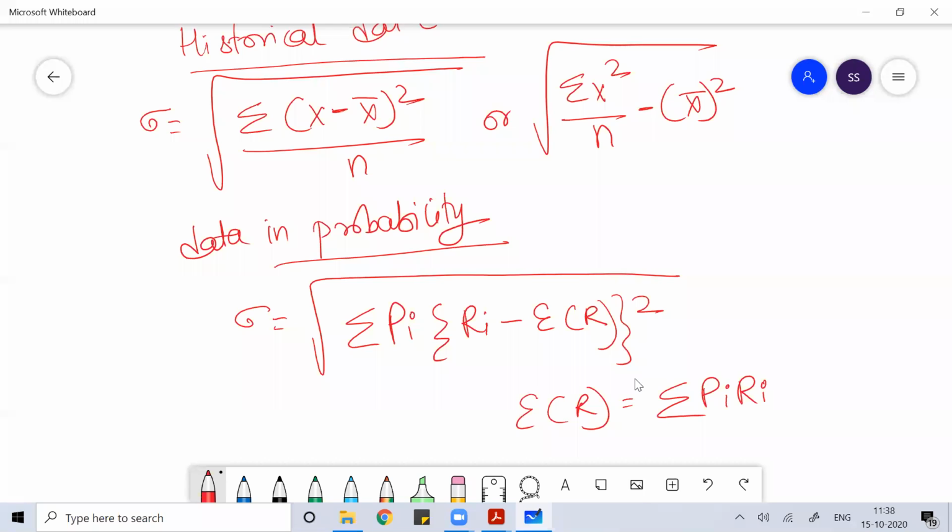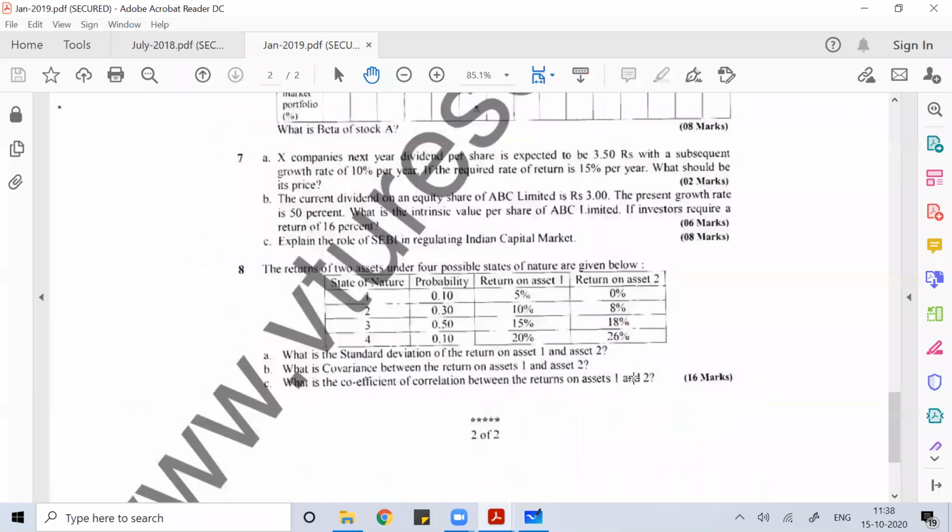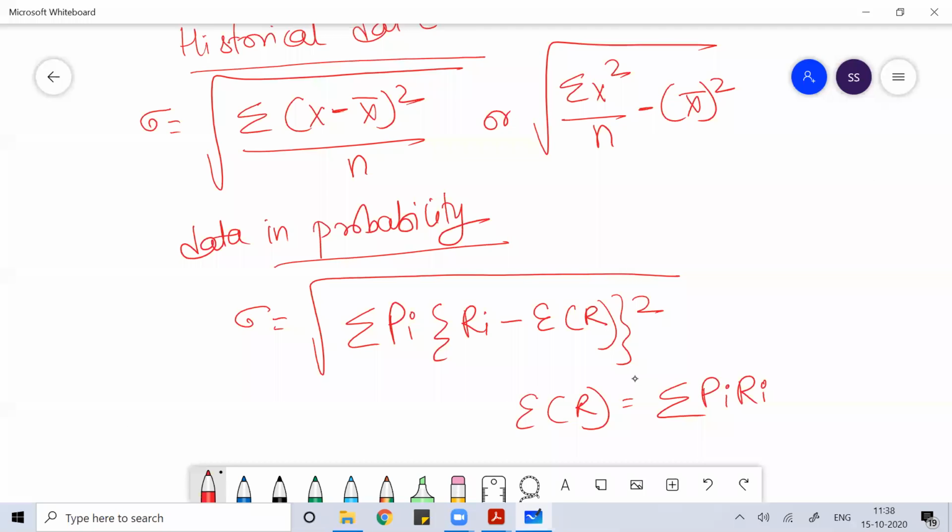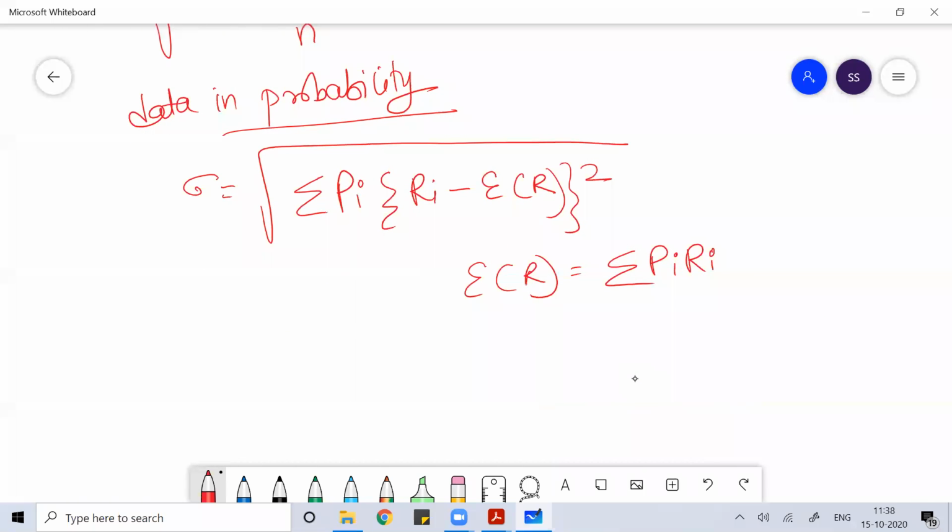With this, you get the expected return on the individual assets. We have already done numericals on this, so you can easily find the standard deviation. This is the formula when the data is given in probability.